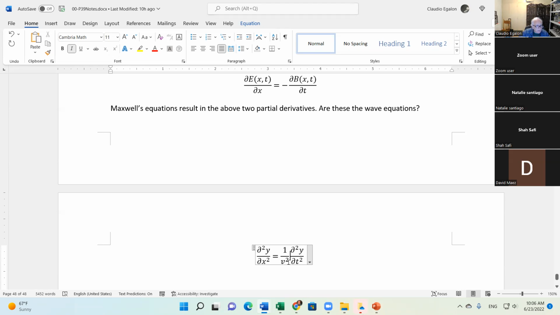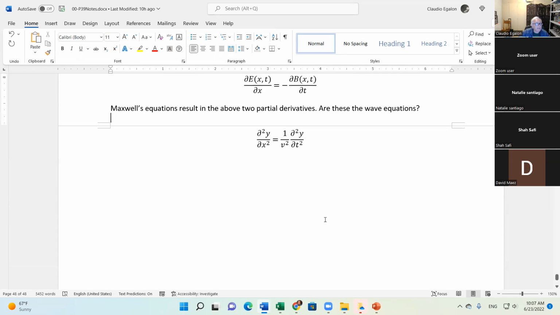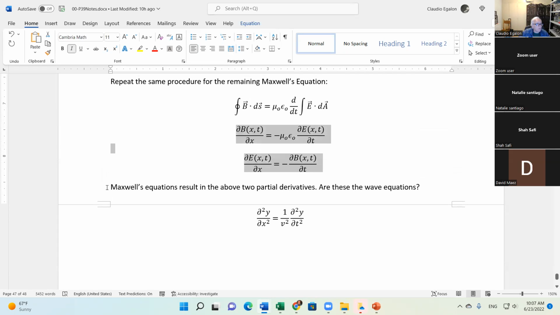It's meter divided by second squared. Here it is meter divided by meter squared, so 1 divided by meter, meter divided by second squared. Here it is meter squared per second squared. Yeah, that's right. But those two equations don't look anything like that.